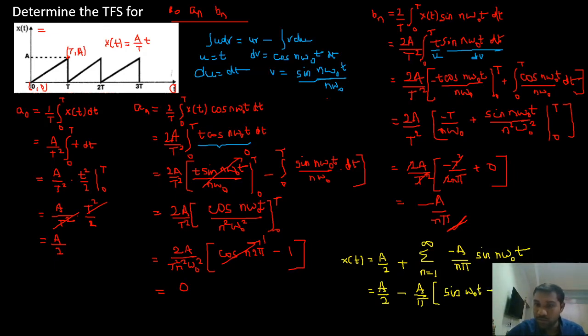When n is equal to 2, it is sine 2 omega naught t by 2, and so on. This is my final expression. That is the end of trigonometric Fourier series. There are many other problems. You can follow any of the textbooks that were prescribed for you, and you can find the trigonometric Fourier series.